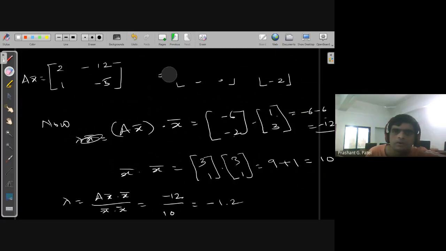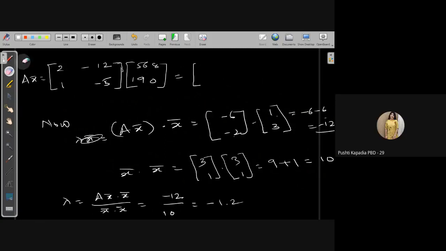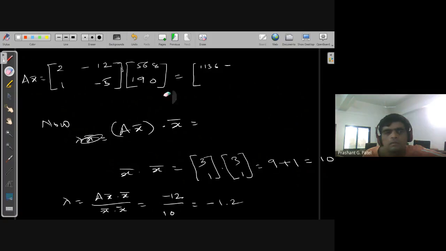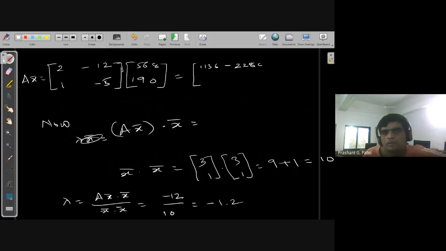So this calculation is wrong. It is actually, what was the value? 568, 190. So 2 into 568 is 1136. 1136 minus 190 into 12, that is 2280.